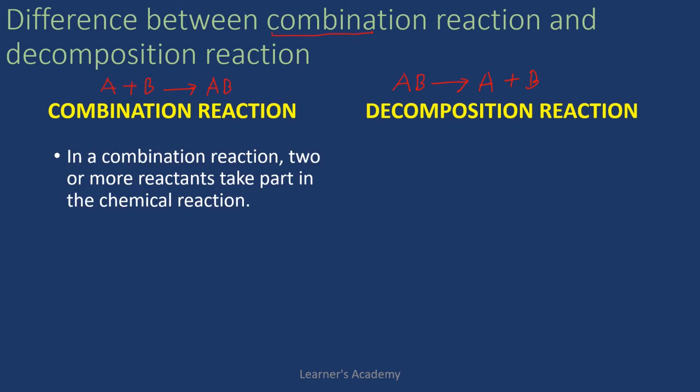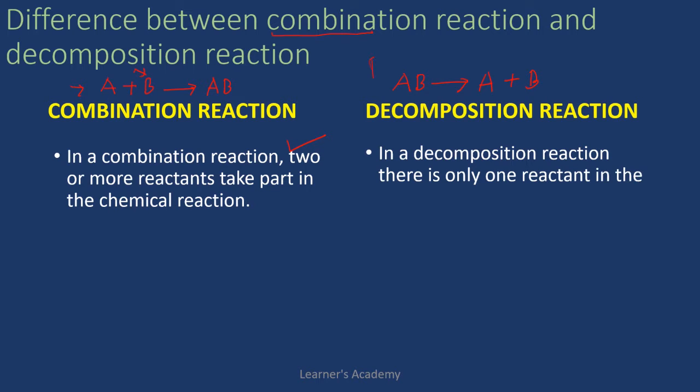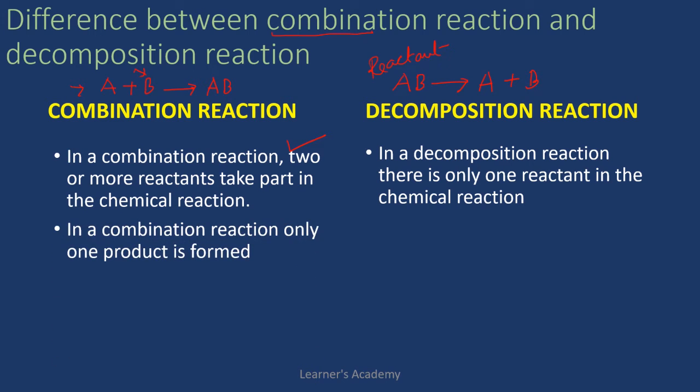Now, in a combination reaction, two or more reactants take part in a chemical reaction. So here, what were the two reactants? A and B. In case of a decomposition reaction, there is only one reactant. Now, in a combination reaction, only one product is formed.